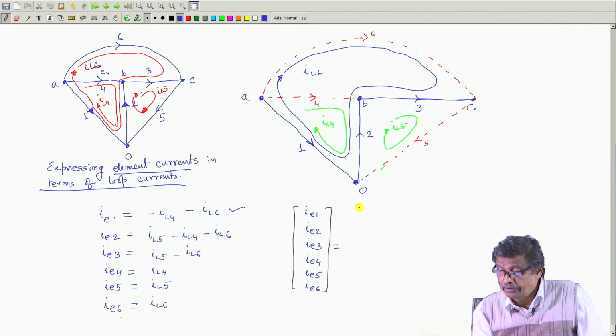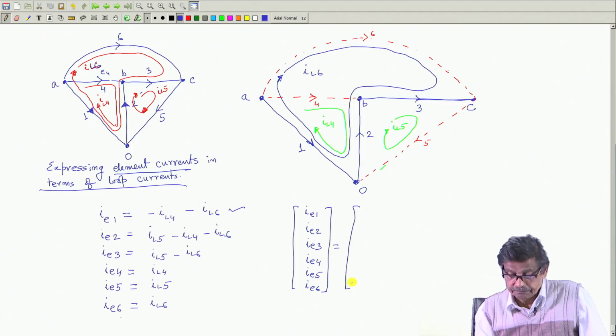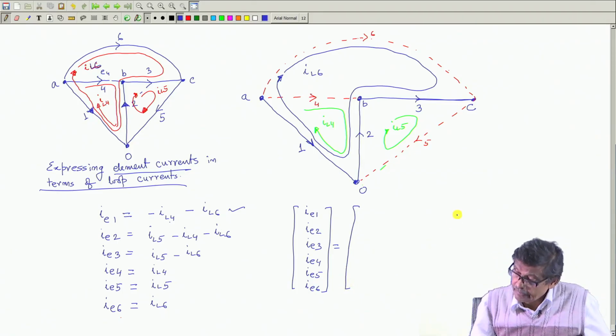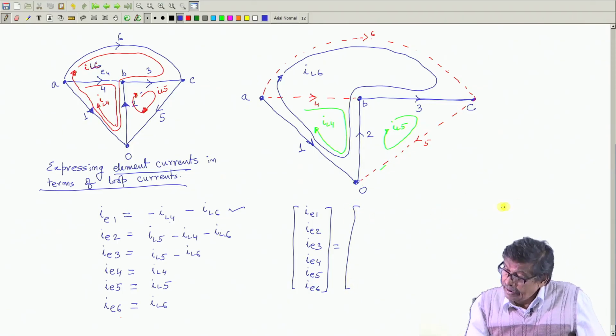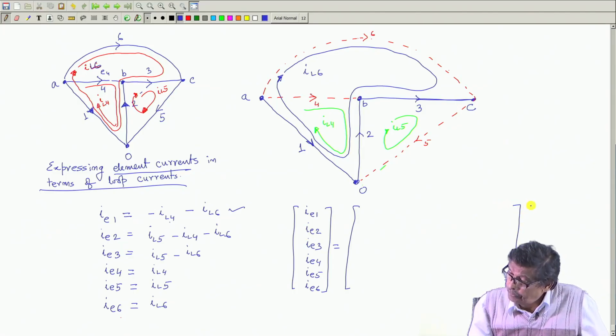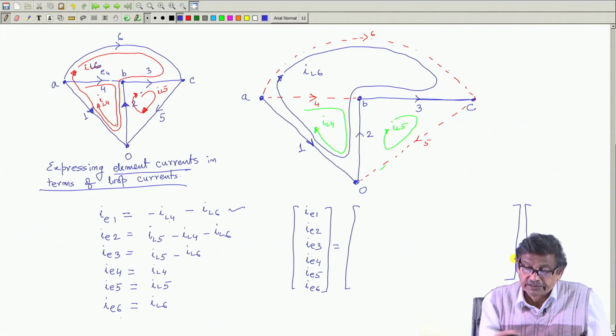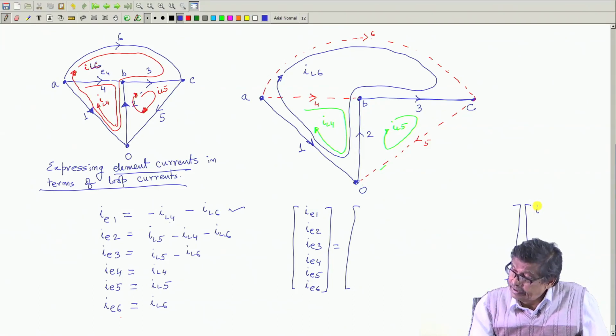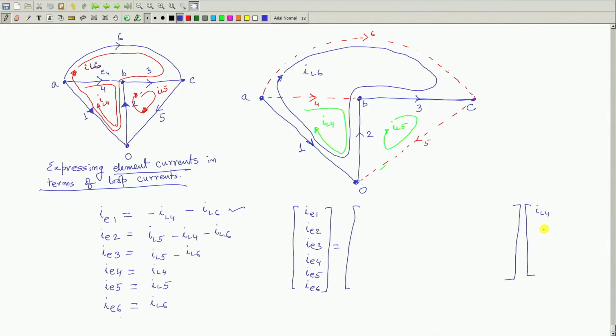It will be equal to a matrix, and this will be decided by the loop currents. Only three loop currents are there. They are IL4, IL5 and IL6.